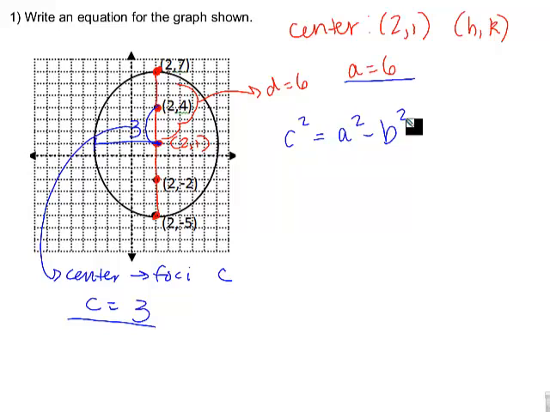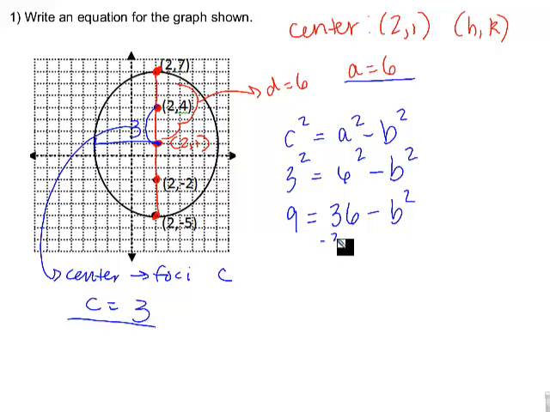So our c is 3, so we'd say 3 squared equals, our a is 6, so 6 squared minus b squared. And we just have to solve this for b. So how could we do that? Square and then subtract. Okay, so square. So this would be 9 equals 36 minus b squared. Then what?